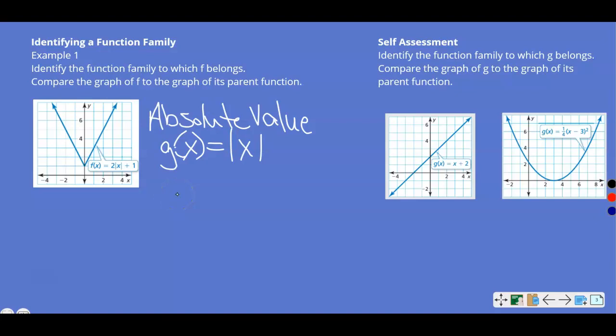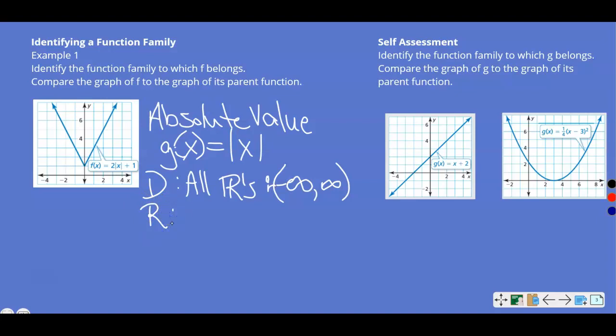We also can compare the domain and range. For the absolute value, we know the domain is all real numbers. That can also be written as negative infinity to infinity, so either one.